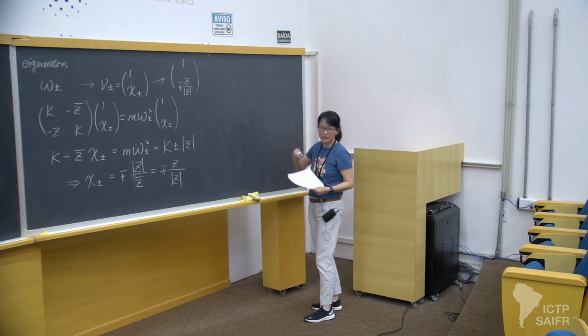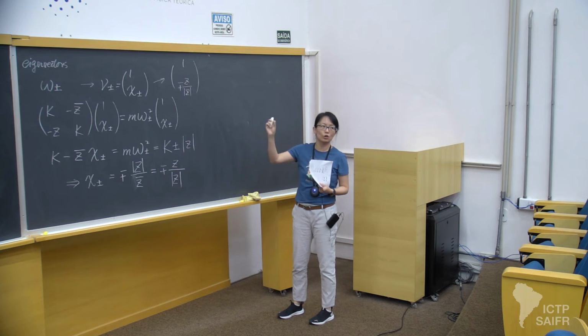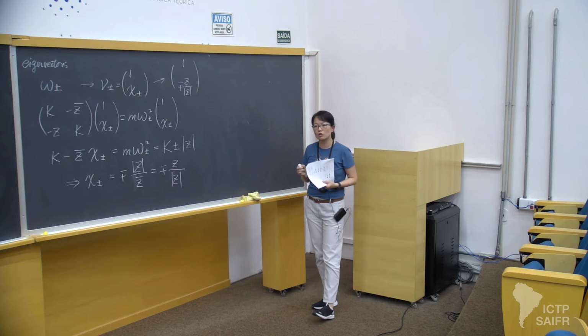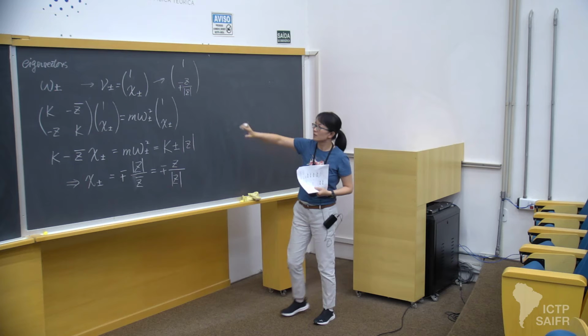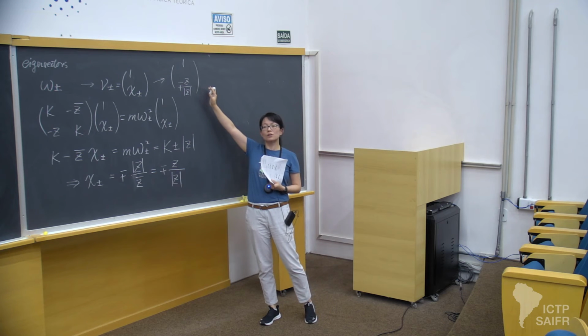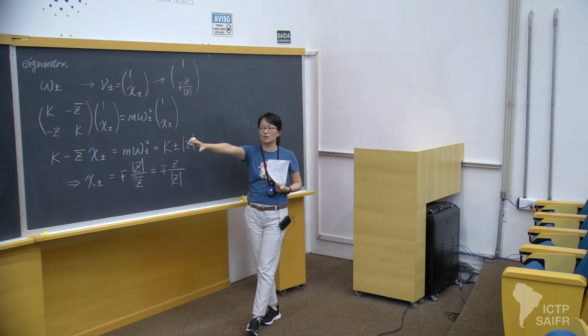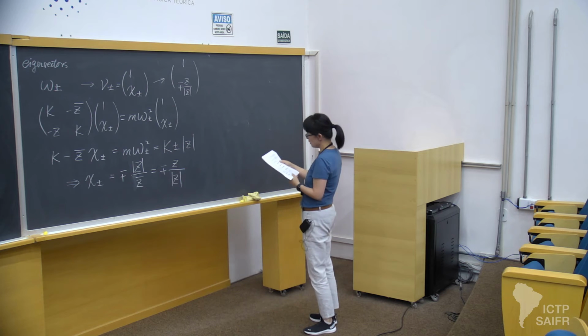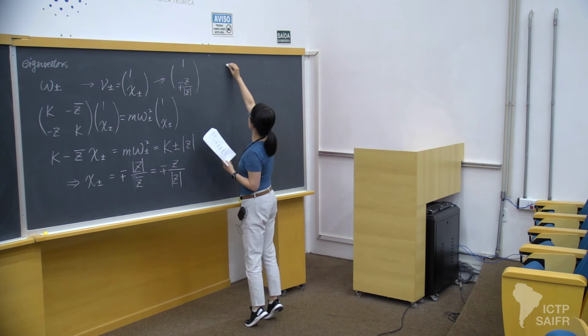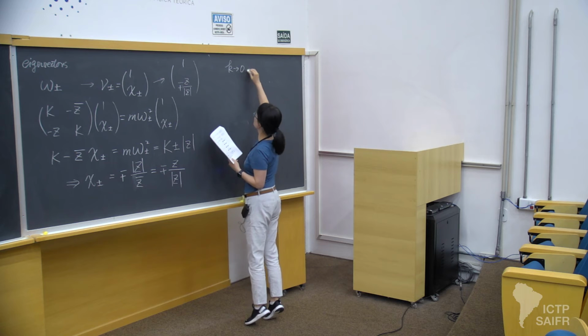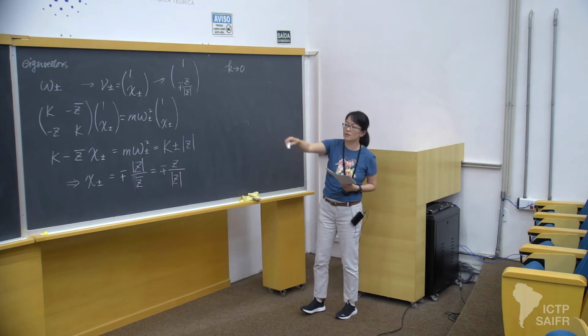So firstly, let's think about how the particles on the chain move around at these two different modes, right? At different k values. Firstly, let's see what happens as k goes to 0, close to the center.